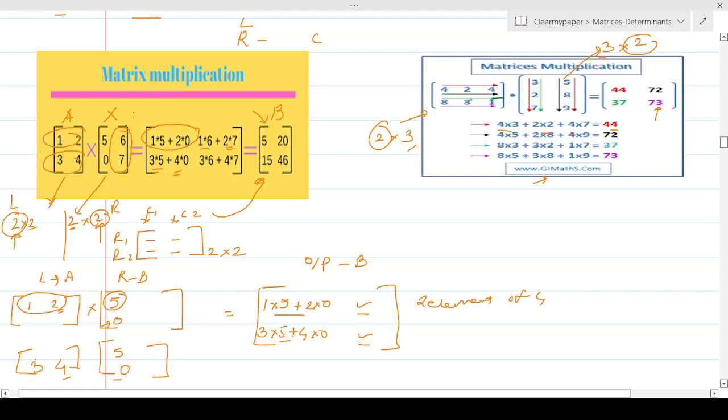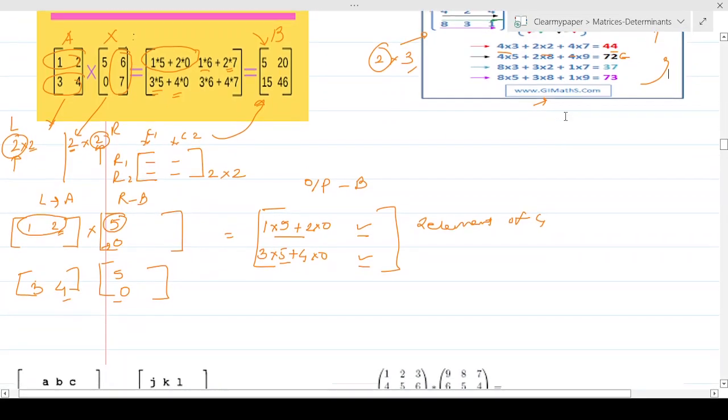Similarly, if you follow the color code, they take the first row and the second column. They have slightly changed the sequence, which is okay. But the result is exactly going to appear the way it is, and they have put the numbers back here. So that's what multiplication means. In case you understand this color coding, then so be it.